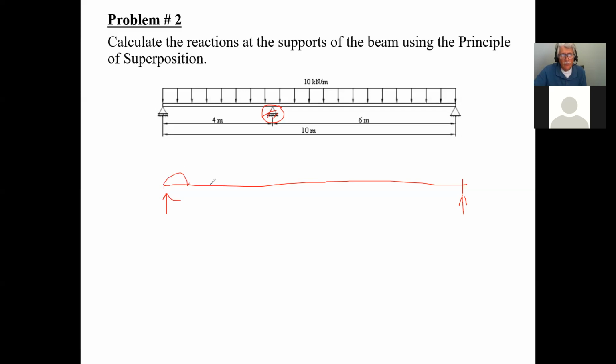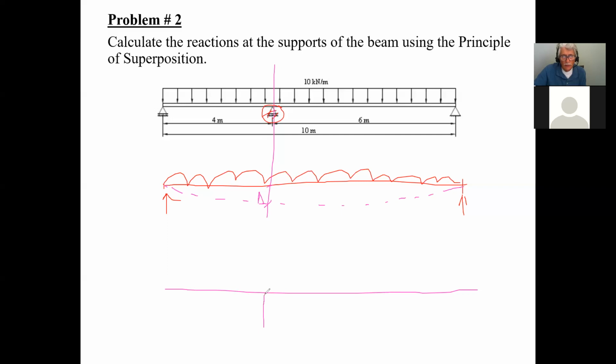And I know that this here is going to cause a deflection like this. And right at this point here, if I'm able to calculate the deflection, is it possible for me to apply a load on the other side that will bring this deflection back to 0?